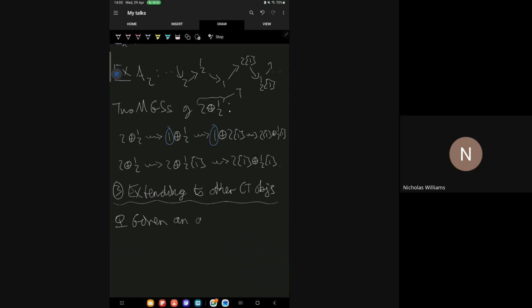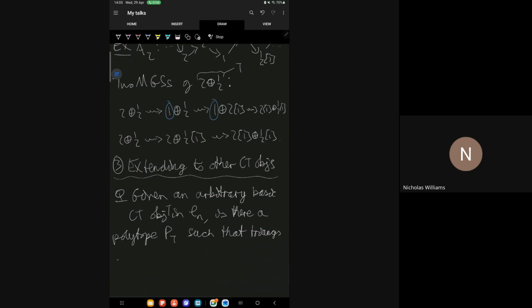Given an arbitrary basic cluster tilting object T in C_n, is there a polytope, maybe I'll call this P_T, such that triangulations of P_T are in bijection with equivalence classes of maximal green sequences of T?